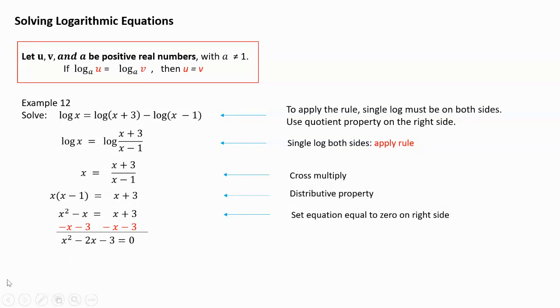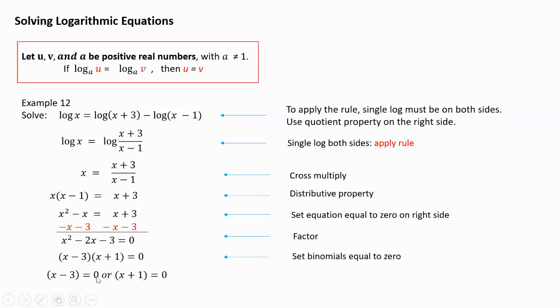But this one factors to x minus 3 and x plus 1. So then we let both equal 0. So x minus 3 equals 0 or x plus 1 equals 0. So on the left side we get x equals 3 and x equals negative 1.